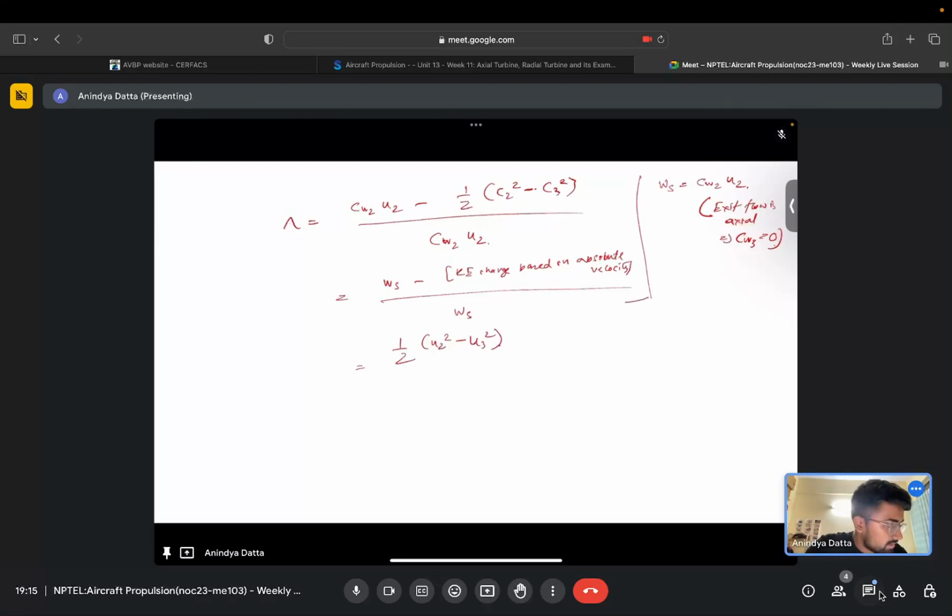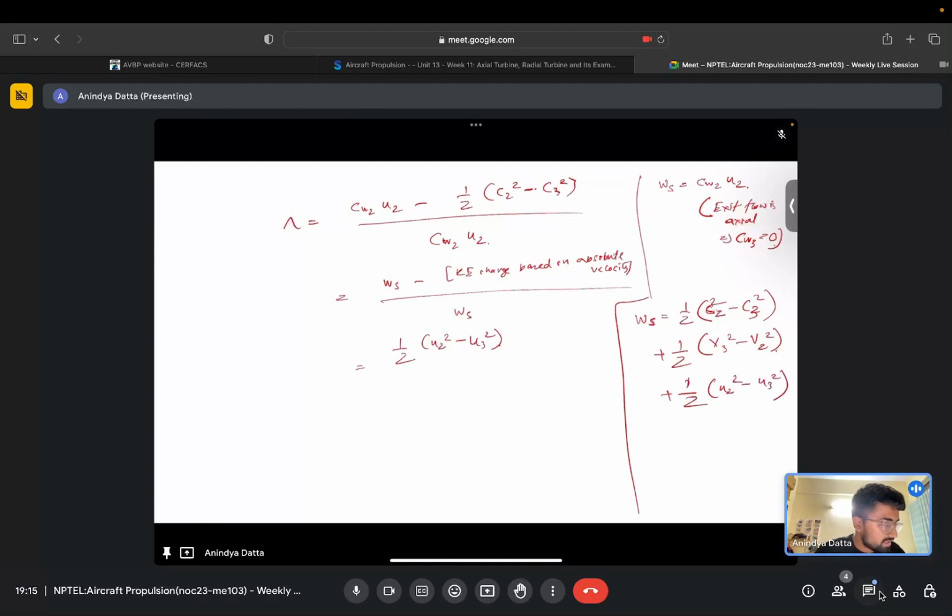While the turbomachinery equation was derived, one thing proved was that the work done is equal to the kinetic energy change because of absolute velocity, plus the kinetic energy change because of relative velocity, plus the kinetic energy change because of the blade velocity.